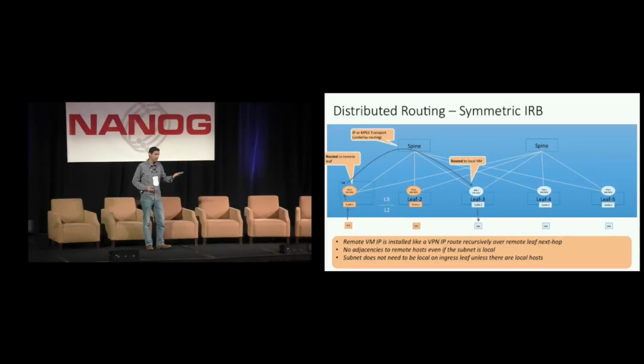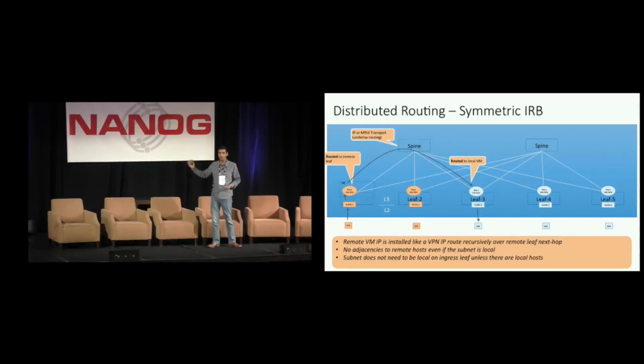So now the key difference with symmetric IRB is that the ingress leaf no longer maintains any ARP state for a remote host. So ARP entries or ND entries and direct adjacencies are only maintained for directly connected hosts that are local to that leaf.